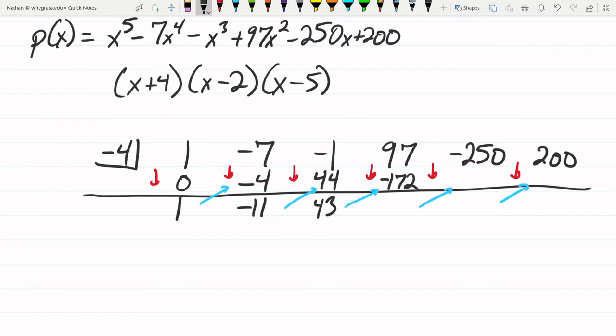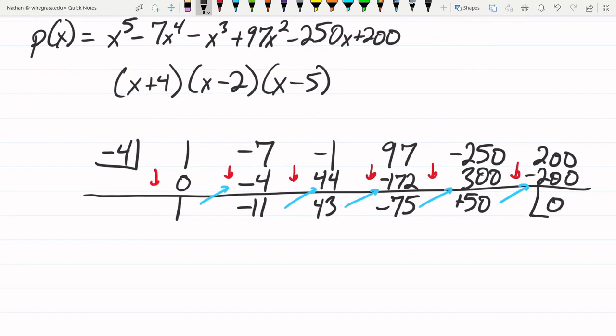Add going down gives us -75. Multiplying going up, that's going to be 150, so 300. Be positive. Add going down, -50. And -4 times -50 is, this is positive 50, not -50. And that's going to give us -200.